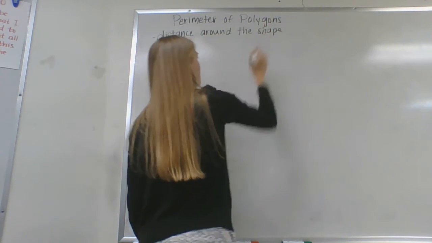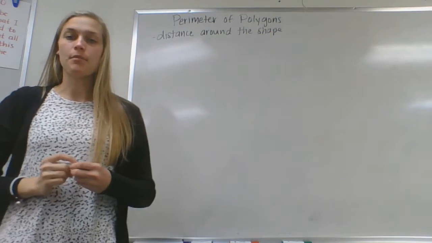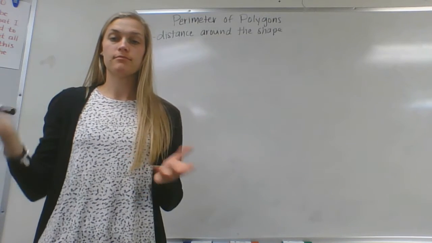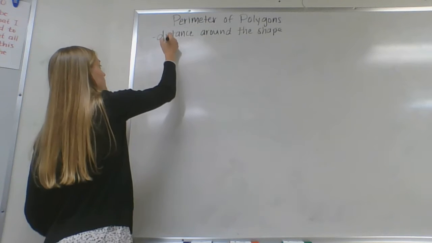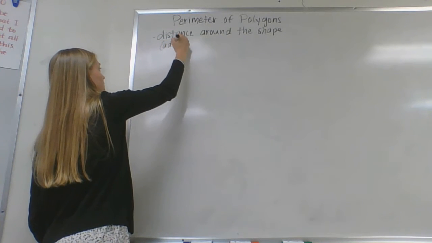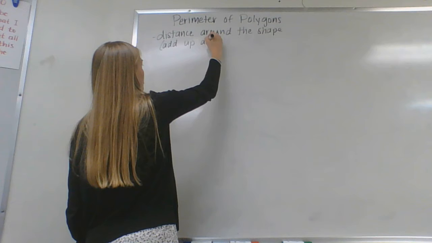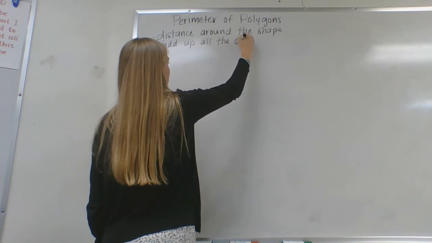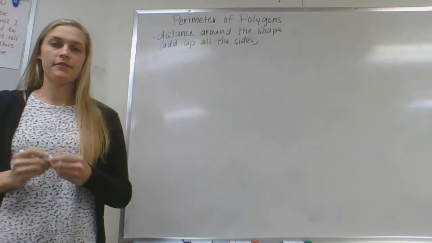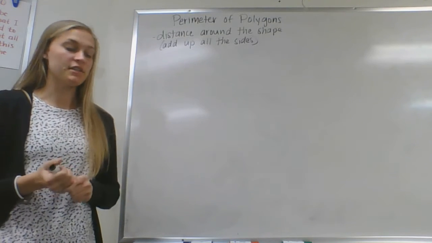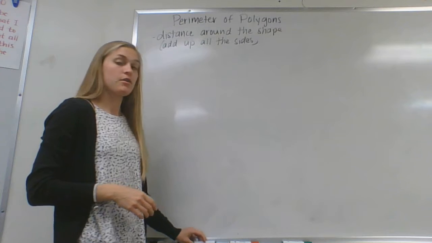And so to find the perimeter, all you do is you add up all the sides, and then you have the perimeter. Every single side, you add them all up, you get the distance around that shape or the perimeter.